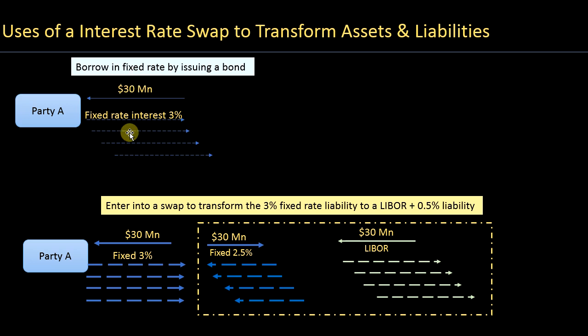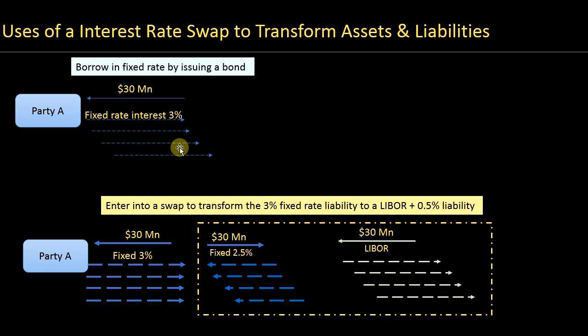Now firm A might decide to change this fixed rate liability into a floating rate liability. This could happen for various reasons. For example, firm A might be thinking that interest rates are going to drop in the next 10 years, and therefore transforming the fixed rate liability into a floating rate liability might be much more beneficial.